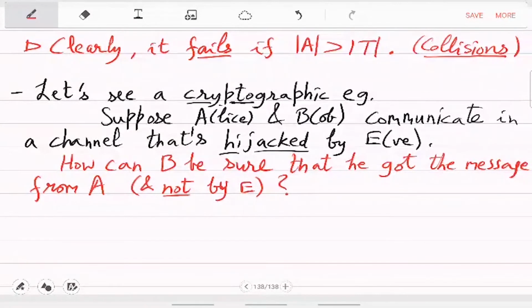Right, so this is a complicated problem. Again, this seems almost impossible to solve because B has only one line of communication with A, which is hijacked by E. So E can do anything.